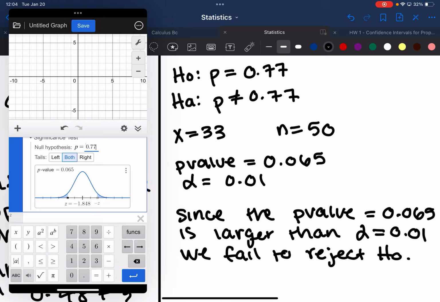If we fail to reject the null hypothesis, do we have convincing evidence or do we not have convincing evidence? We do not.